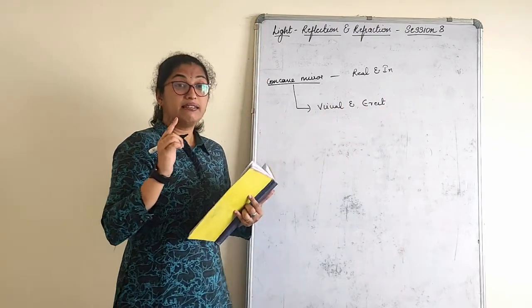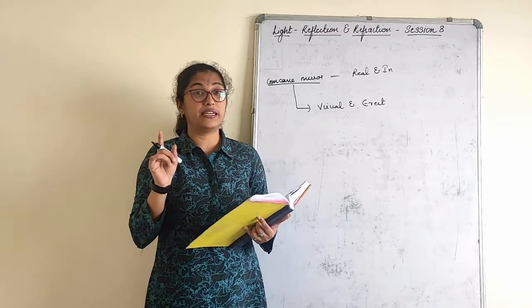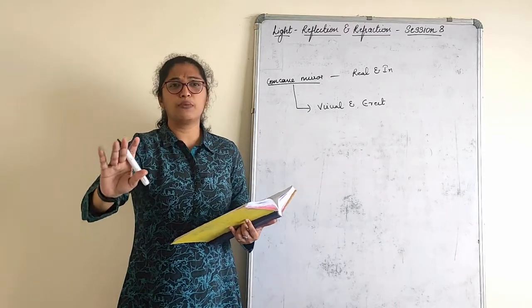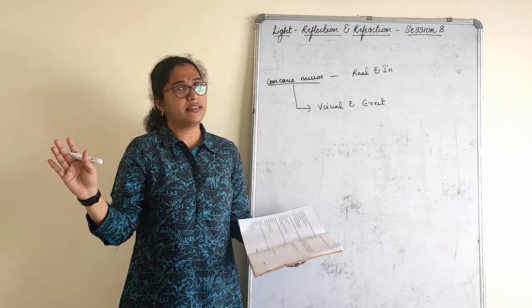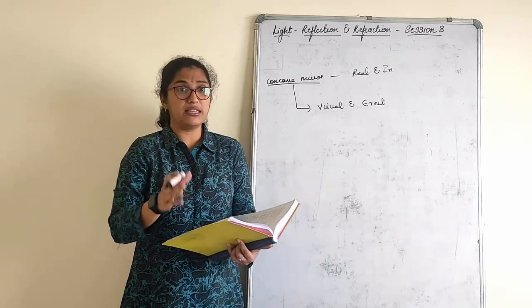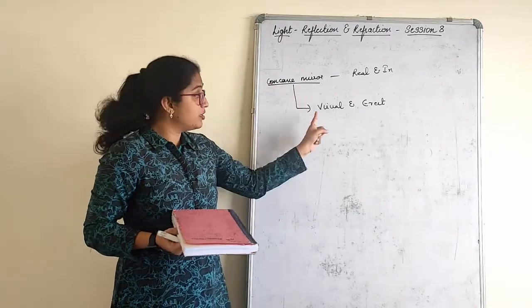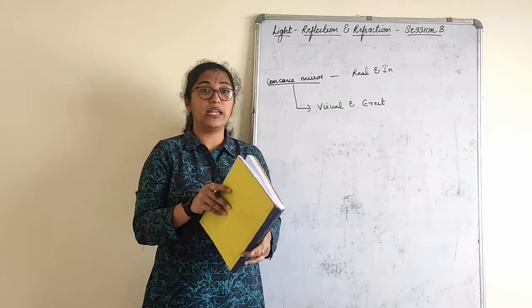That means we should be very perfect with the ray diagrams, where to keep and what we get. Usually when we talk about a concave mirror, it is real and inverted. Convex mirror, virtual and erect. That is what we tell. But in a concave mirror also there is one condition where you get virtual and erect.